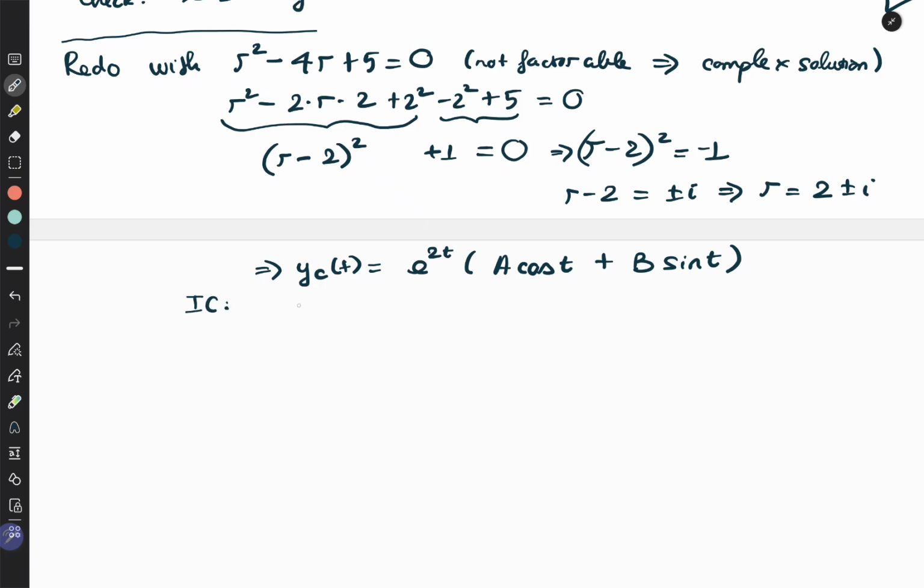Actually, before doing the initial condition, we also need the derivative. Okay, take the derivative. We need that anyway. So the derivative is u prime v plus u v prime.